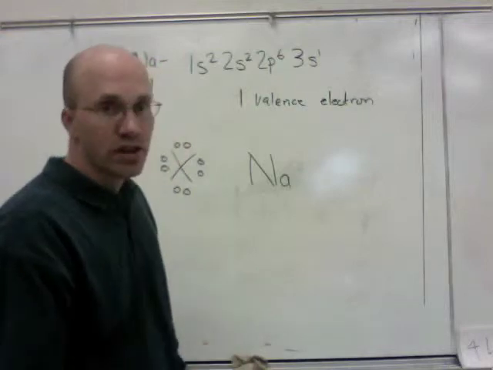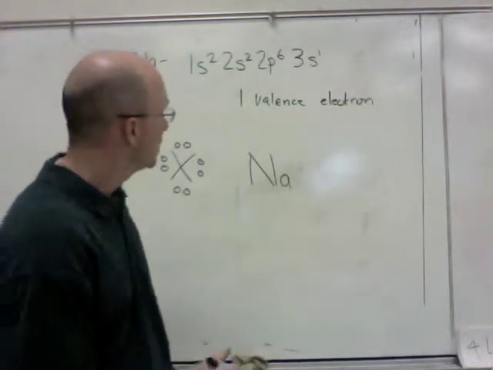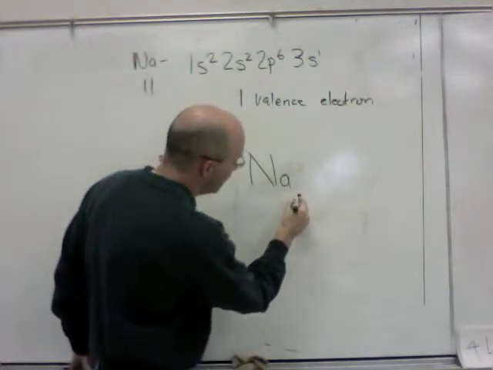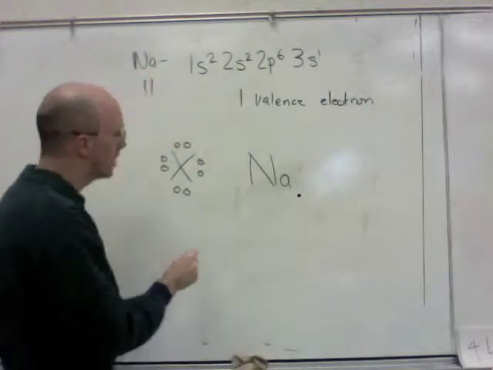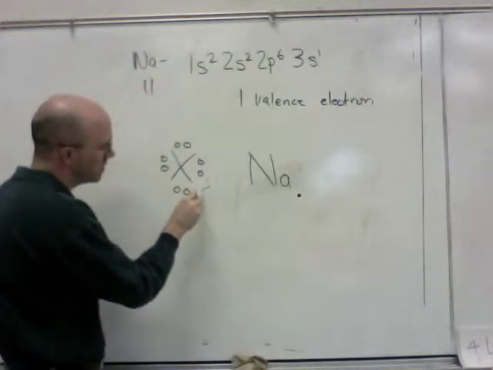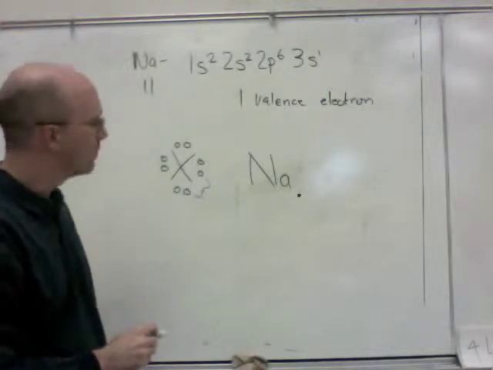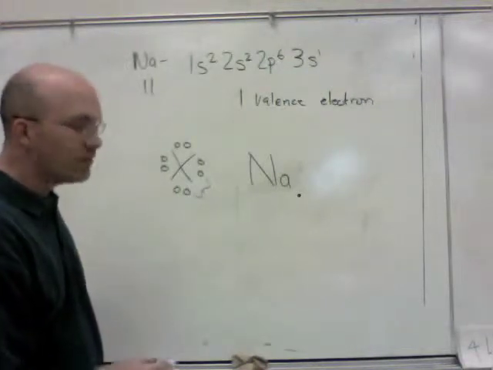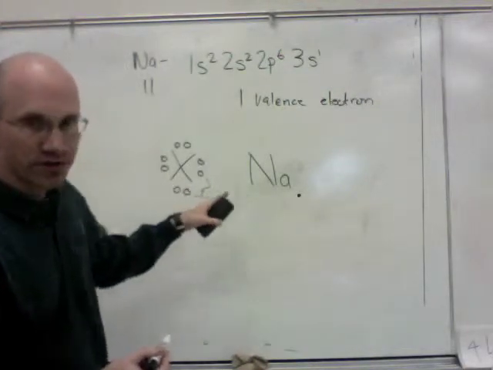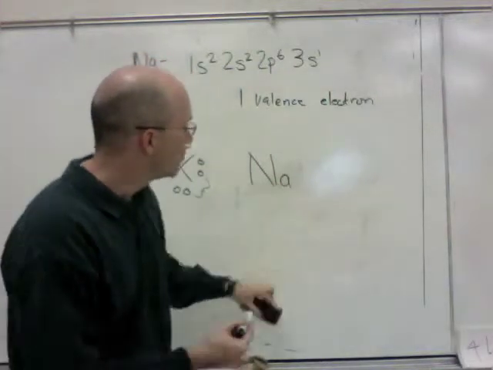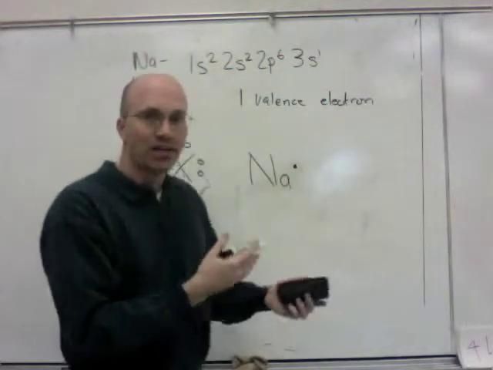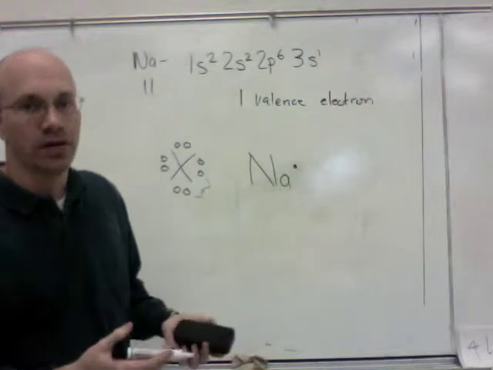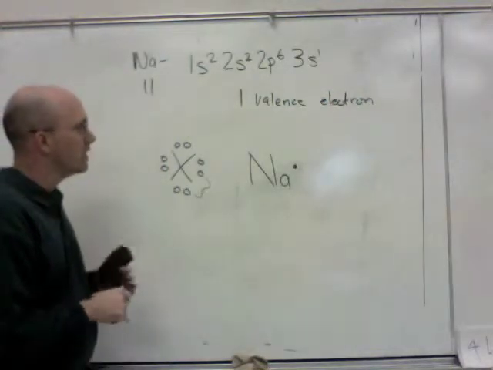Really, the only thing that would not be correct is if you put it down in a diagonal location. Notice that this part right here is kind of a no man's land for dot locations. You want to be able to visually look at the dot structure and say, is that dot on the top, bottom, left, or right? So that would be sodium.